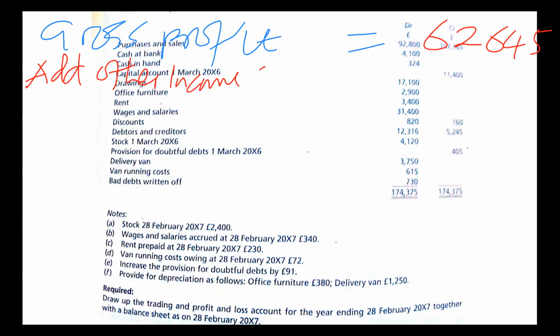Discount received, commissions received, rent received, not rent paid, rent received. So do we have any commission in this question? We don't have the commission, right?